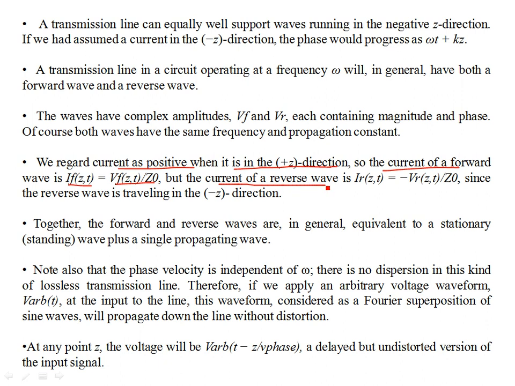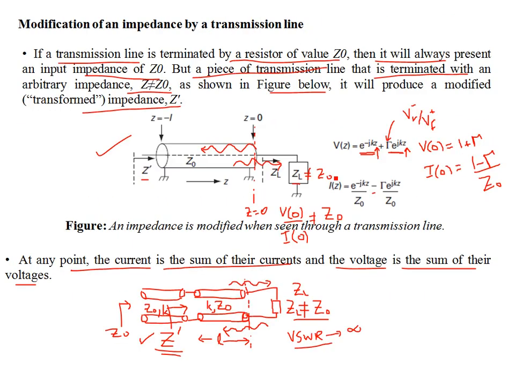But for the reflected wave, due to an arbitrary load impedance different from Z naught, we have a minus sign, since the reverse wave is traveling in the negative z direction. That's how we represent the reflected wave with the minus sign for the current waveform.